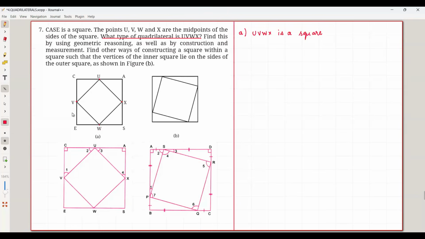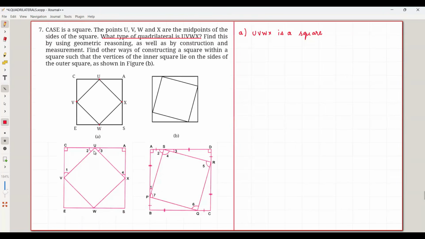For the first question alone, I'm going to explain. For proving this, we have drawn the diagram. Once again, the same diagram, and we have given the names. This is angle 1, angle 2, 3, 4. And we know that CASE is a square, which is given. Square means all the angles are 90 degree. Angle C is equal to 90, angle A is equal to 90.